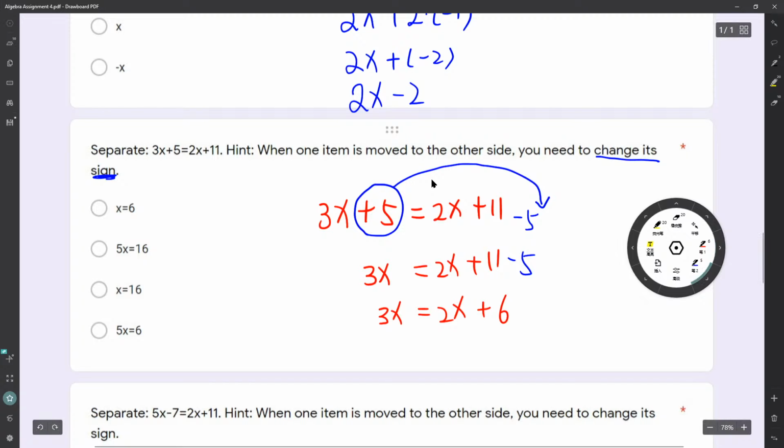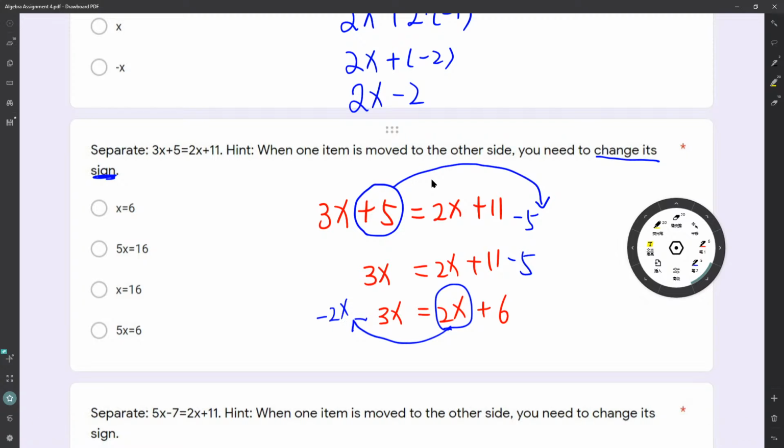And we have something else to separate, this 2x. We want all the x to the left side. So we move this to the left side. When we move it, it will change sign. This is positive 2x; when we move it, it will become negative 2x. And here's a positive 3x.